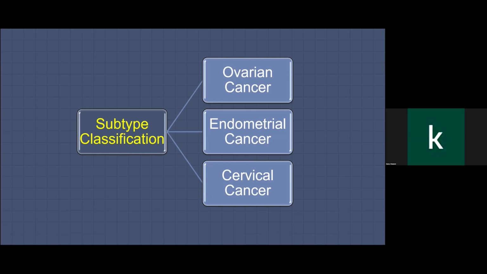There was also another study which again used deep learning and convolutional neural networks, and they had a diagnostic concordance of 81% in the training set and the external set for classifying ovarian cancer subtypes.